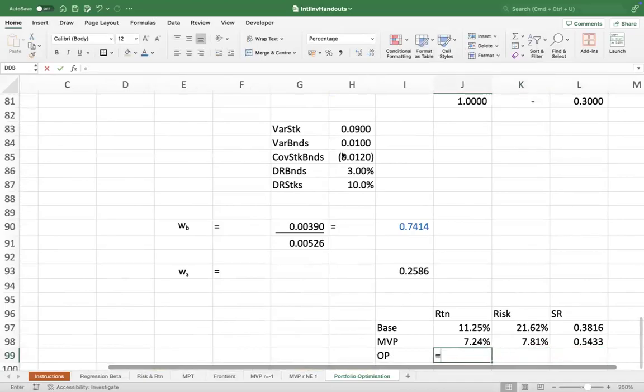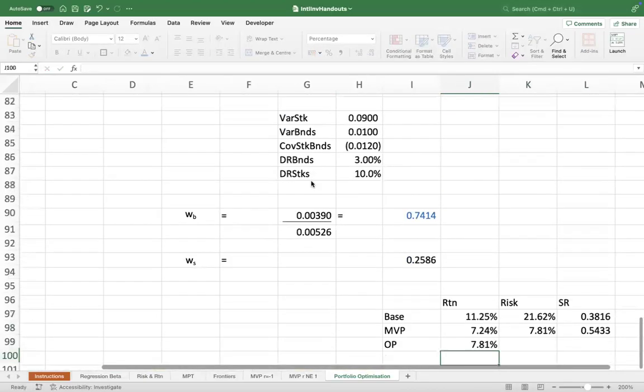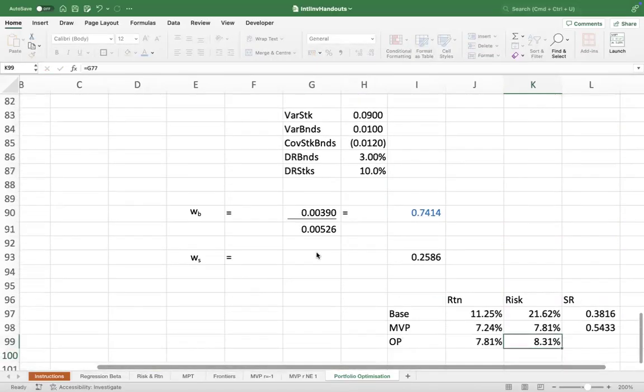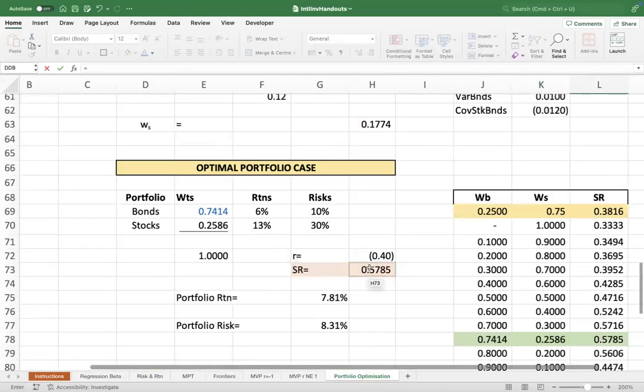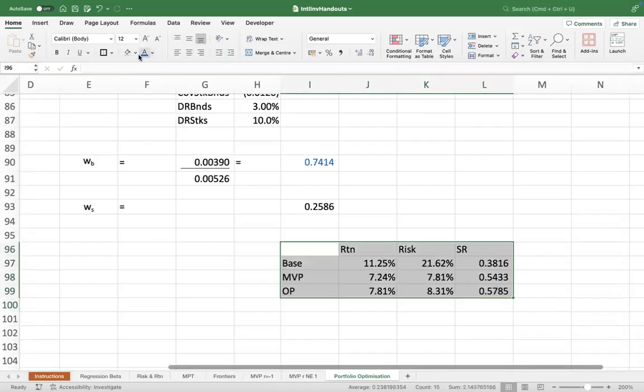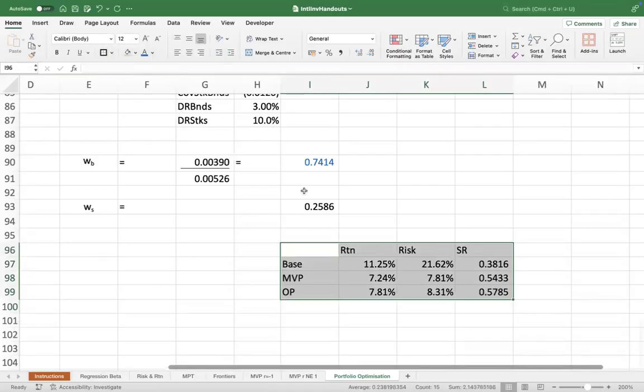And यहाँ पे it will be 7.81, 8.31 and 0.5785. अब मेरे को बताओ, if you are the investor, this is a summary and this is the most important part. If you are the investor, which is the combination that you would go for?